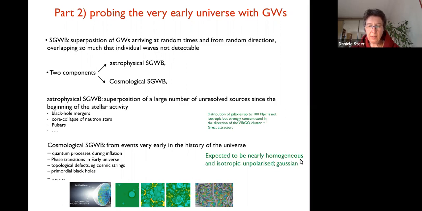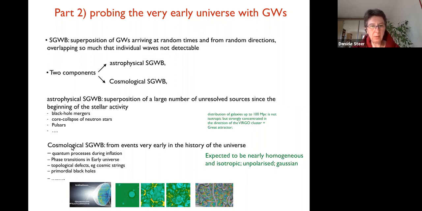And because we're looking at the overlapping of many, many sources, we expect it to be Gaussian. On the other hand, the astrophysical stochastic gravitational wave background is likely to be anisotropic, strongly concentrated in, for example, the direction of the Virgo cluster, where one expects there to be lots of astrophysical activity generating the astrophysical background.